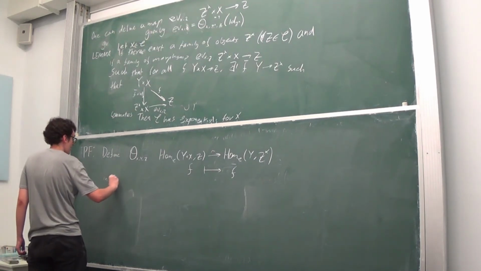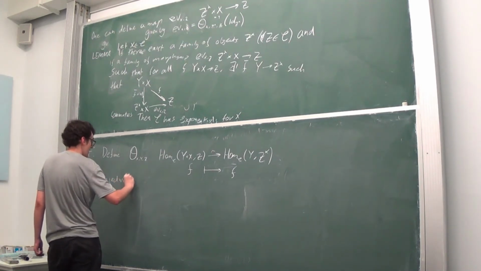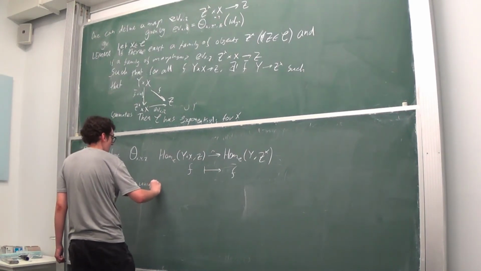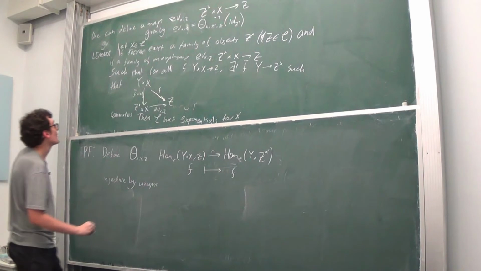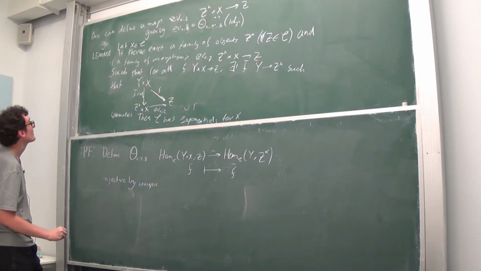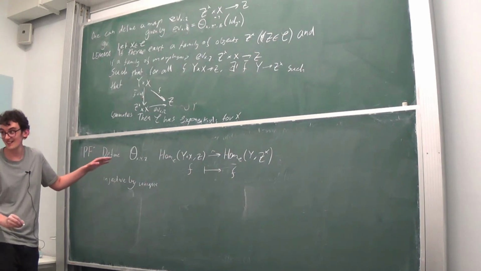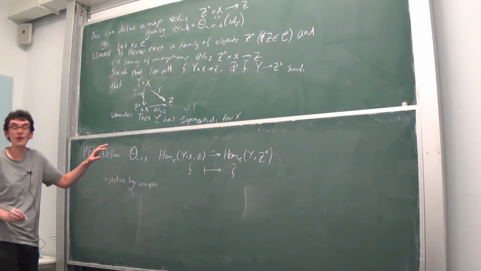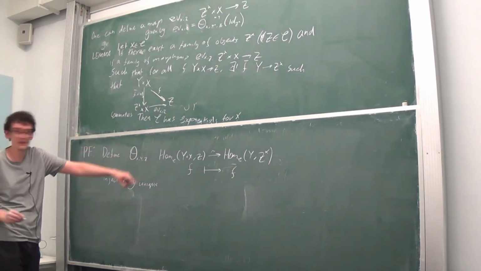Wait, uniqueness doesn't assert that it's injective though, does it? It asserts that it's a function. The uniqueness condition says that it's a function because there are not two possible candidates for f bar.